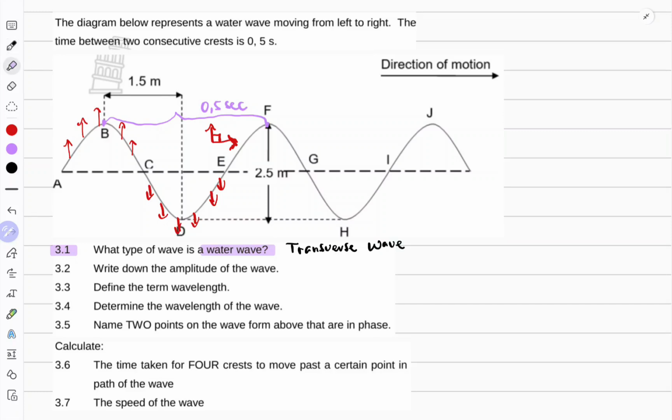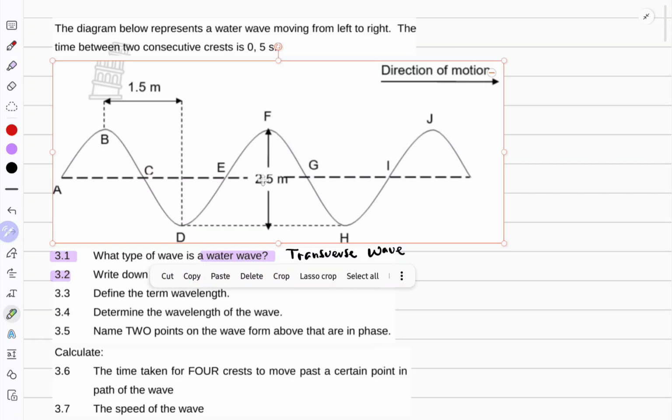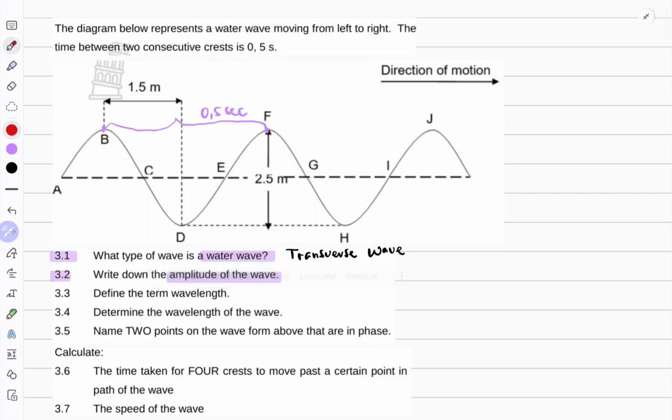So the second question says, write down the amplitude of the wave. We know by definition that the amplitude is the maximum distance a particle can assume from the equilibrium position. So this here is your equilibrium position, and the maximum distance from the equilibrium is your amplitude. They haven't directly given us the amplitude.